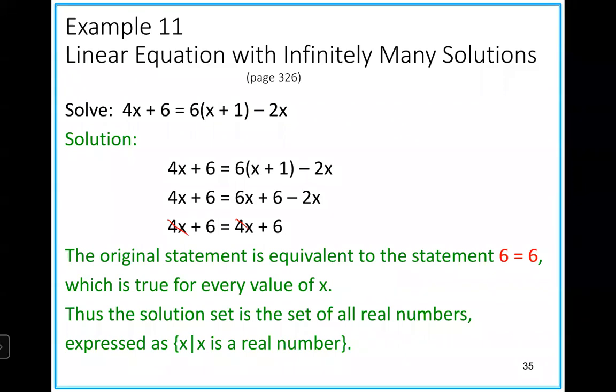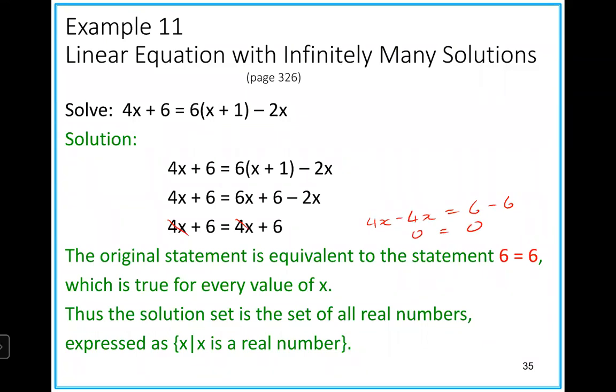All right, you were just working out that 6 equals 6. Or if you were to go further, you could have said 4x minus 4x equals 6 minus 6. So that's 0 equals 0, which is also a true statement, but it still doesn't tell you what x is.